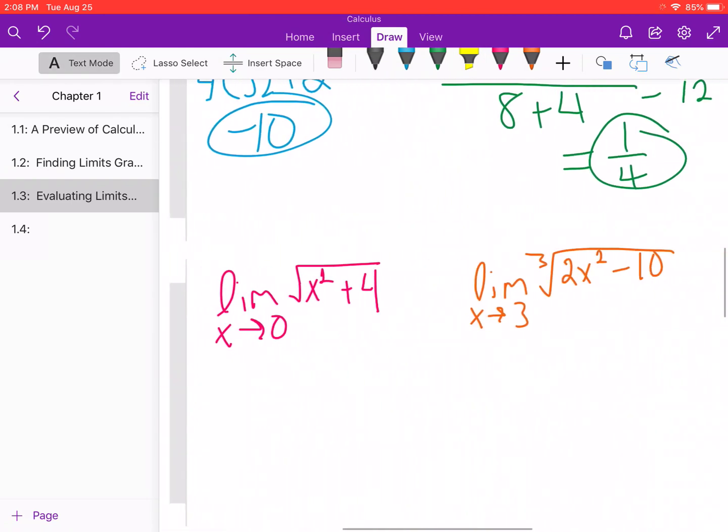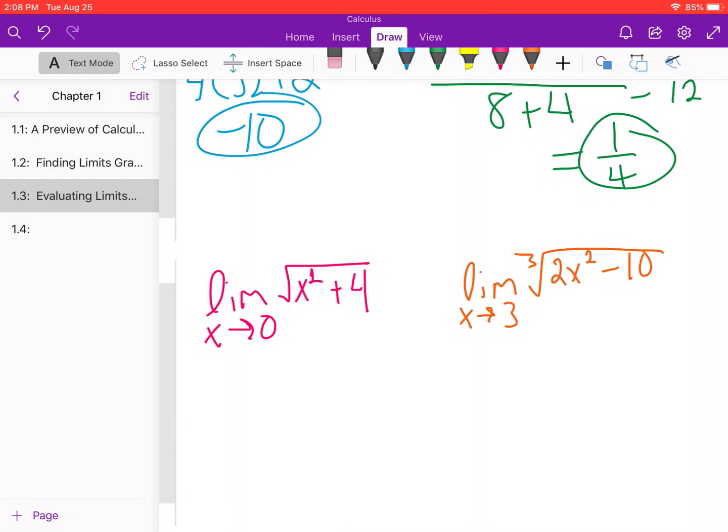So let's look here at this first one. The limit as x approaches 0 of the square root of x squared plus 4. First thing I want to think about is what's my n value? What's my index? So my index here, n, is 2. And that's even.